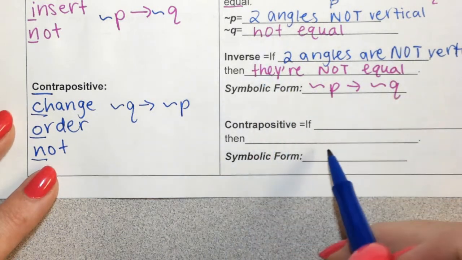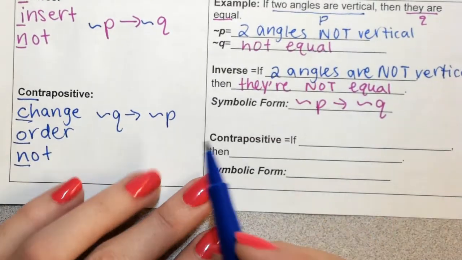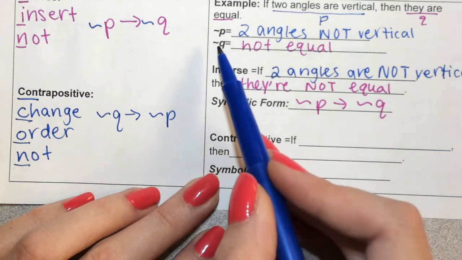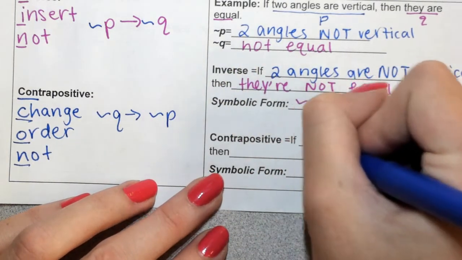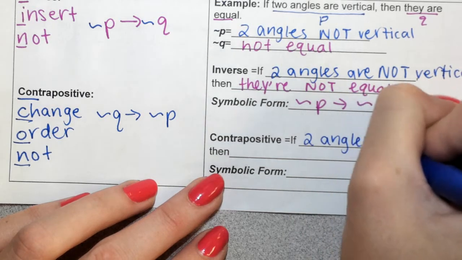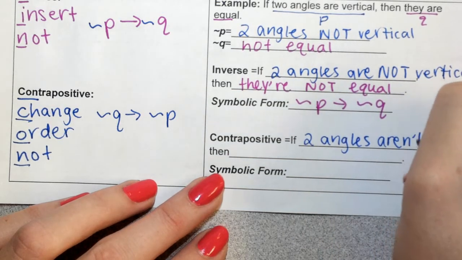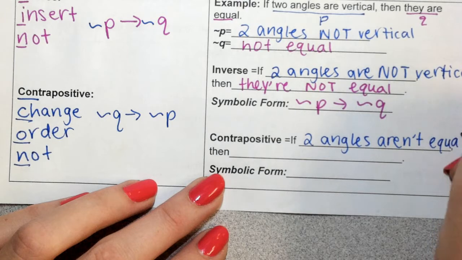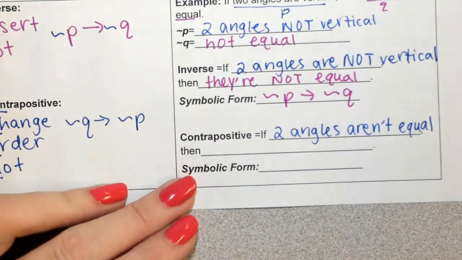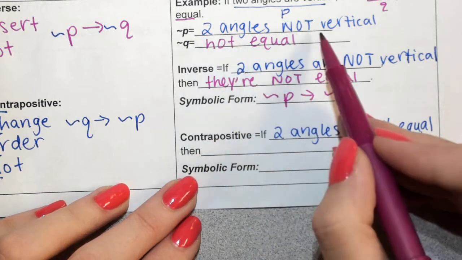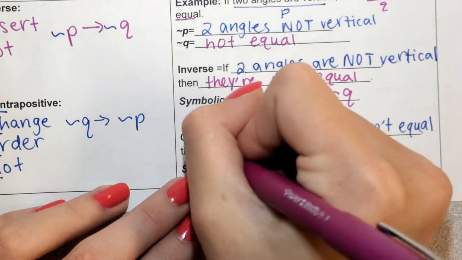So using this same example over here, if I want to start with squiggle Q, my negation of Q, I'm going to write this first. So if two angles aren't equal, slide it over so you can see, then they're not vertical.